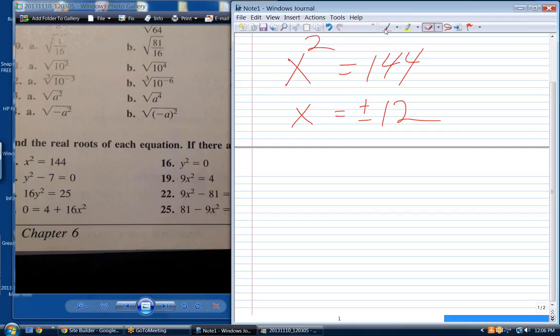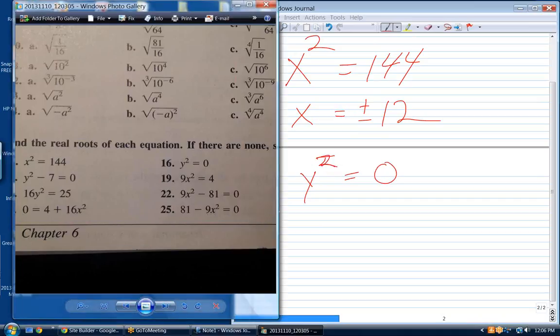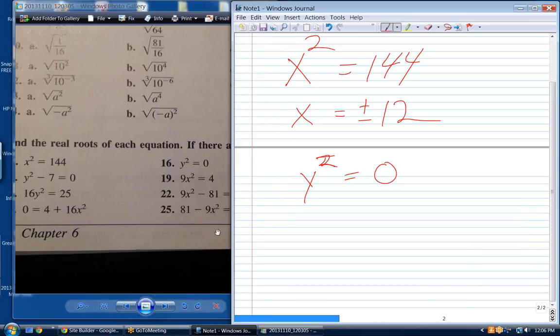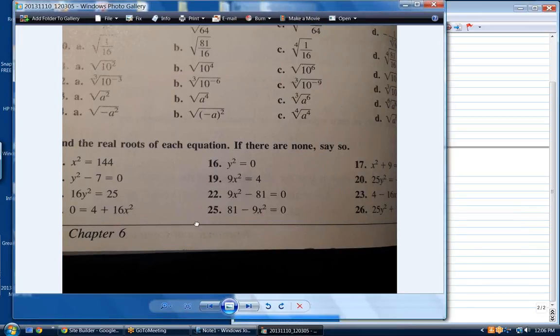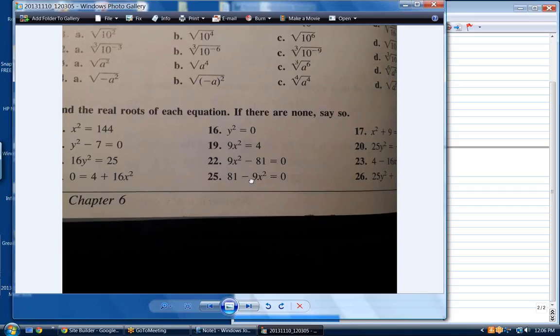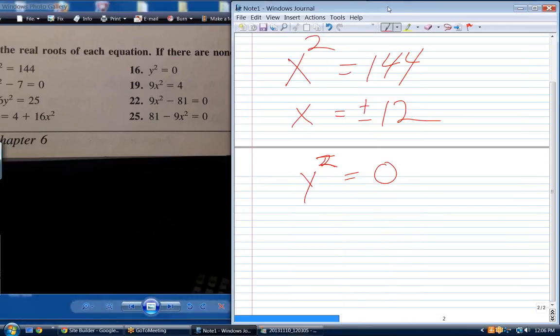All right, 16, y squared equals 0. Take the square root of both sides.